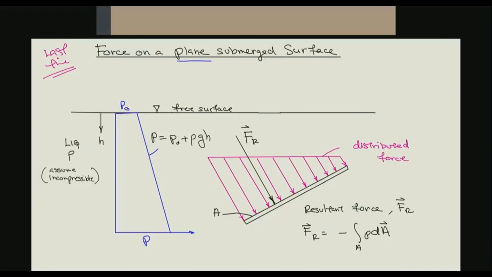So rather than a uniform force, as if it were a constant pressure, we have a distributed force increasing linearly as we go downwards. We can replace this distributed force with a resultant force.